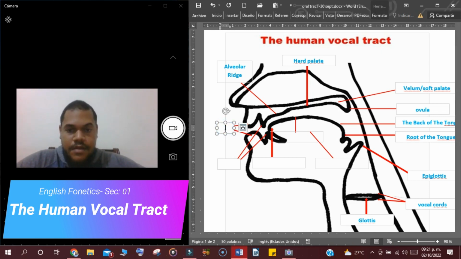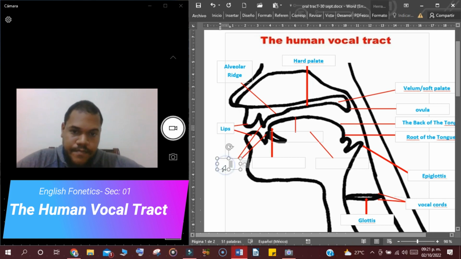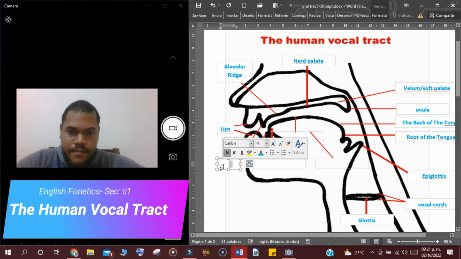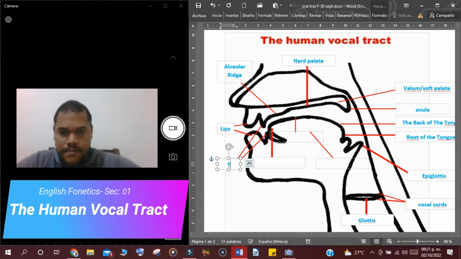Now we have here upper lip and lower lip. Lips. Also, here in the mouth we have the teeth.